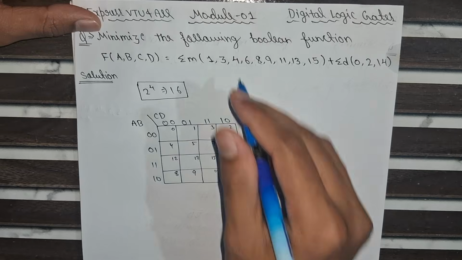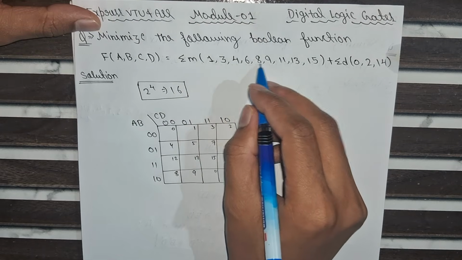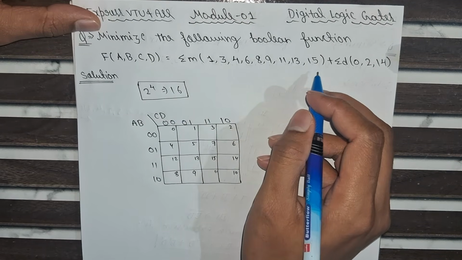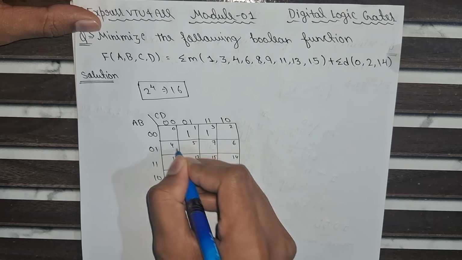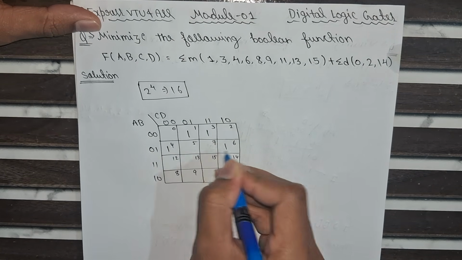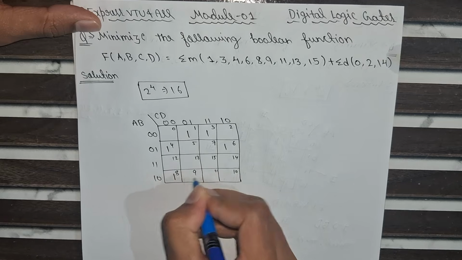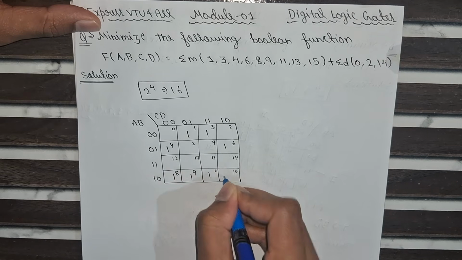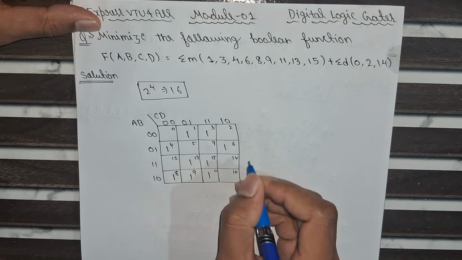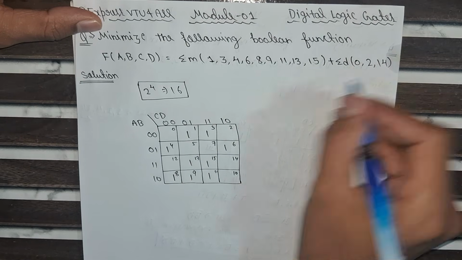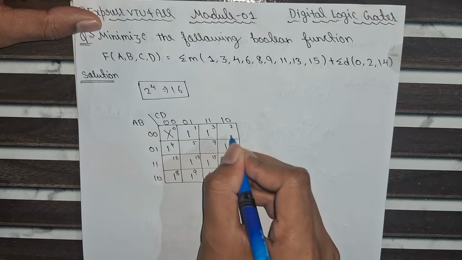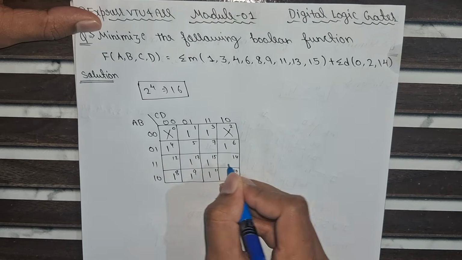So here the minterms given are 1, 3, 4, 6, 8, 9, 11, 13 and 15. So I will write firstly these. And here one more condition is given, the don't care values 0, 2 and 14.